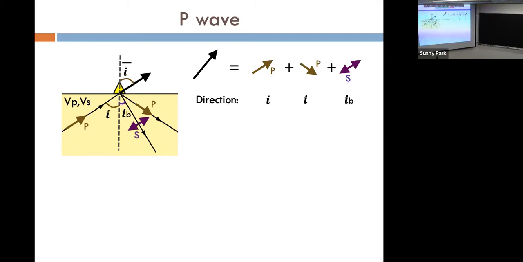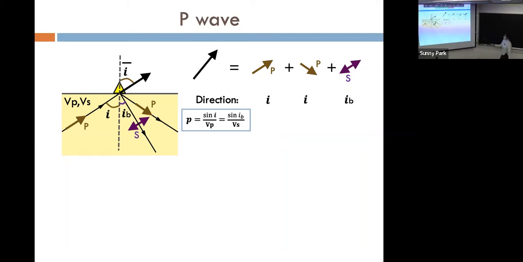Let's say the direction of P wave coming in is at angle I. Because of Snell's law, the reflected P wave should have the same angle I because the Vp is constant. Now you're changing P to S velocity, so we have to have smaller angle for S, which I call IB here, because Vs is smaller than Vp.